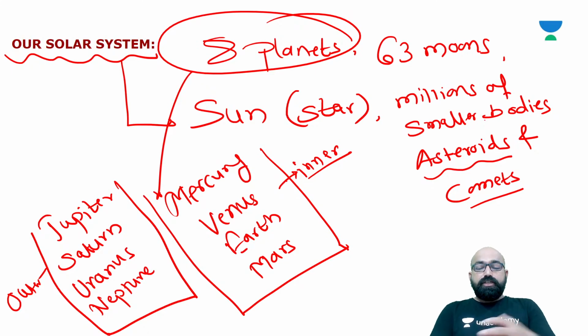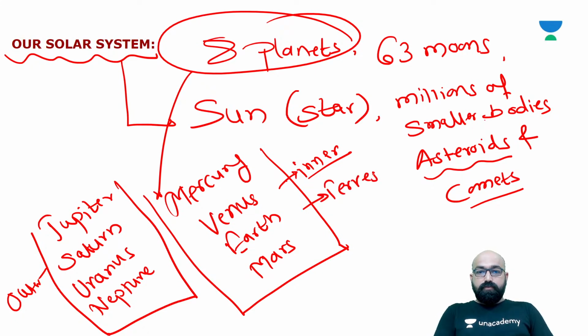So the first 4, that is Mercury, Venus, Earth, and Mars, are called terrestrial planets, that is Earth-like, as they are made up of rock and metals and have relatively high densities.